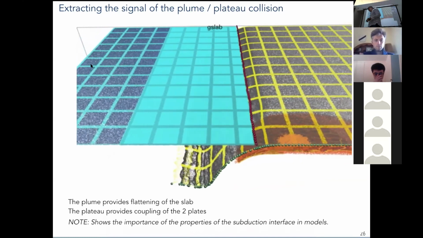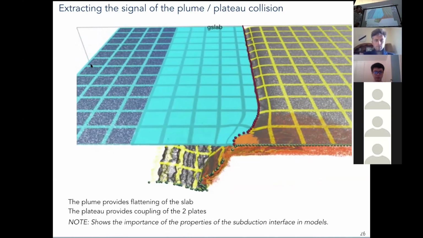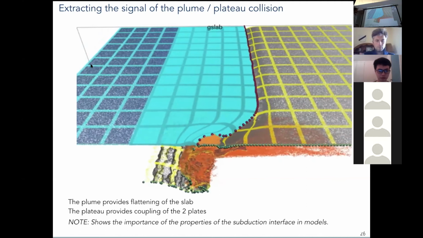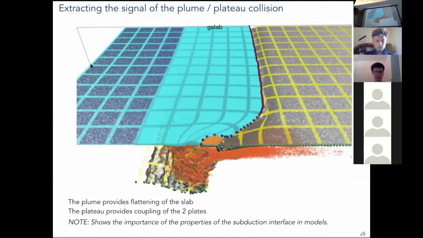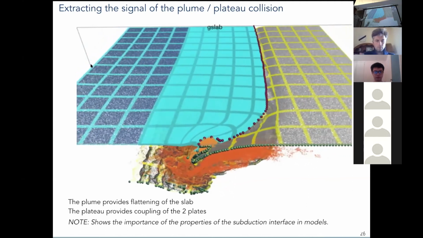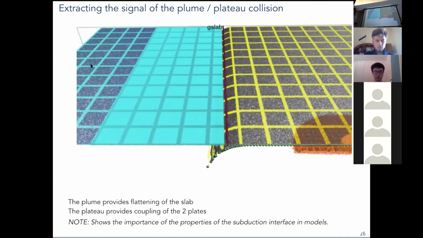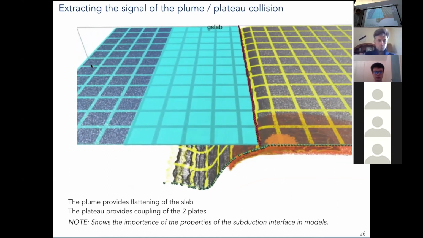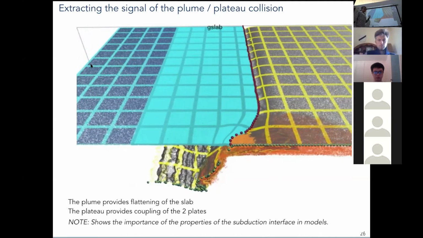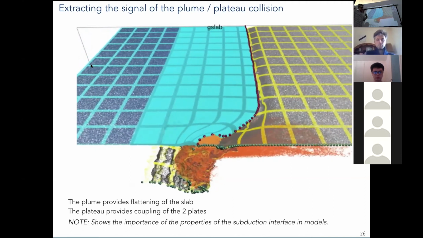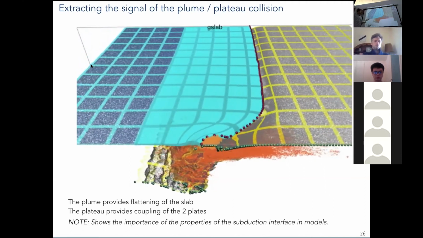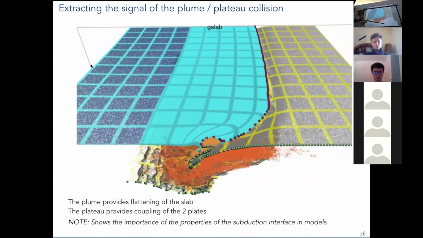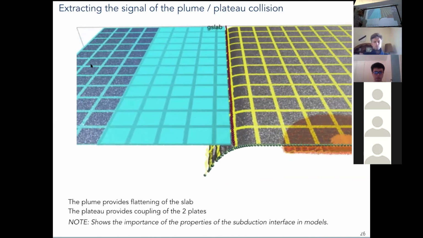We did the same sort of thing for that example where we had the plume. The plume material underneath is not a true model of a plume, it's just material with anomalous buoyancy at the top and the bottom. And we were able to determine, or at least start to understand, that it matters whether you have anomalous buoyancy as opposed to anomalous strength.